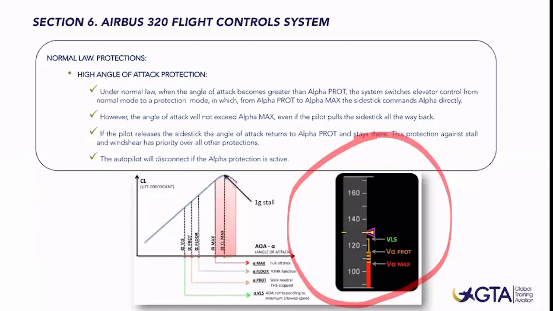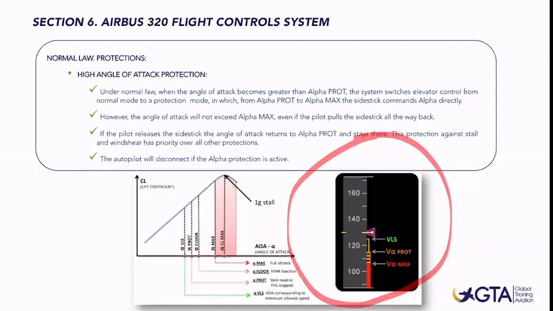When the angle of attack becomes greater than alpha prot, the system switches the elevator control from normal law to a protection mode, in which, from alpha prot to alpha max, the side stick commands alpha directly.